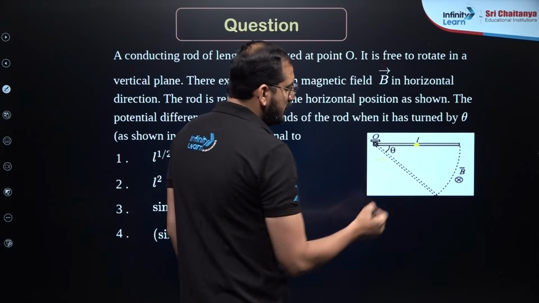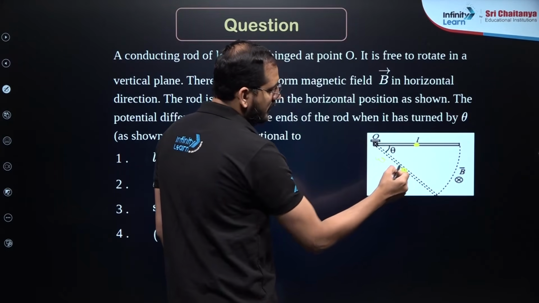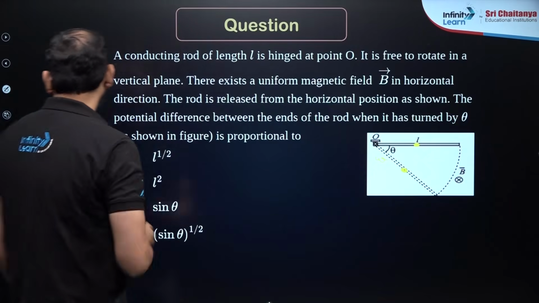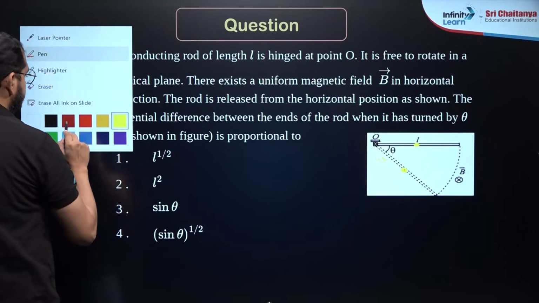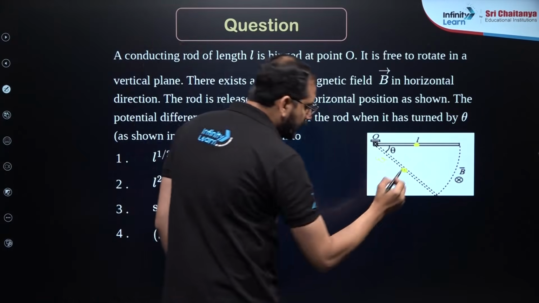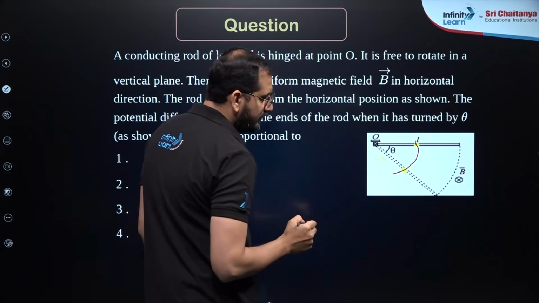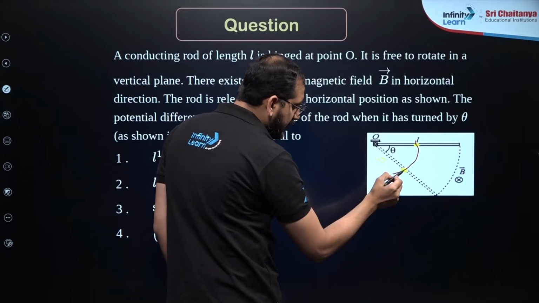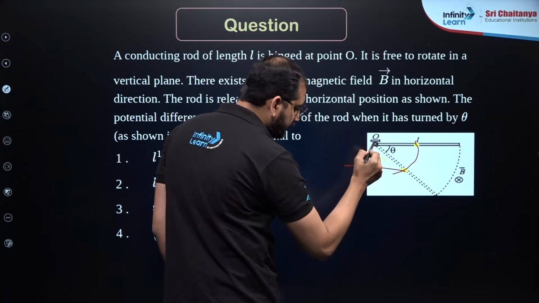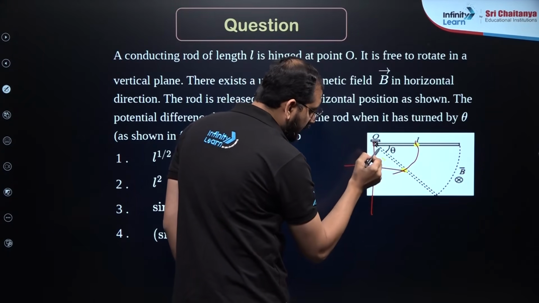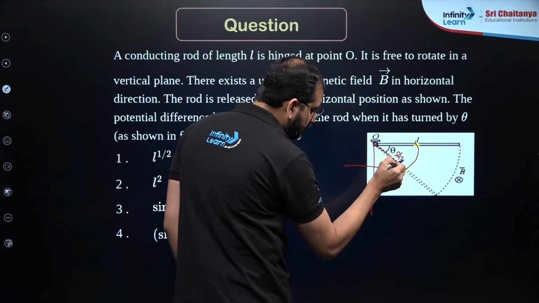This is the midpoint, and here is the midpoint. Okay, let me take a darker color. So the midpoint is following this trajectory, and finally it reaches this. We know that this length is L by 2.